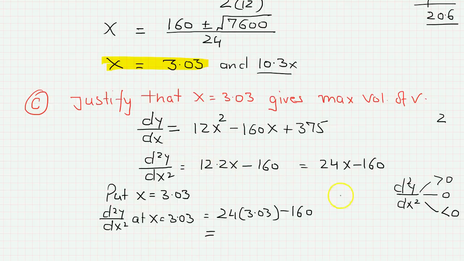Very clearly 24 times 3 is less than 75, minus 160. So this is less than 0, it's negative. So if d2V over dx squared is less than 0, the volume is maximum.